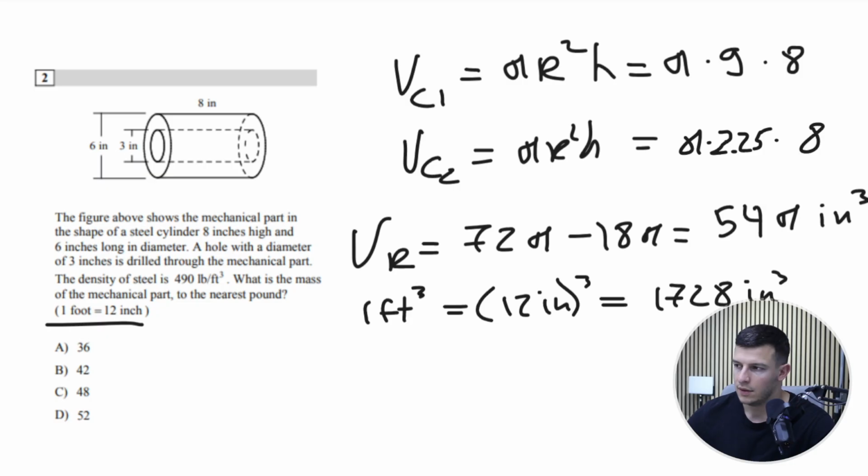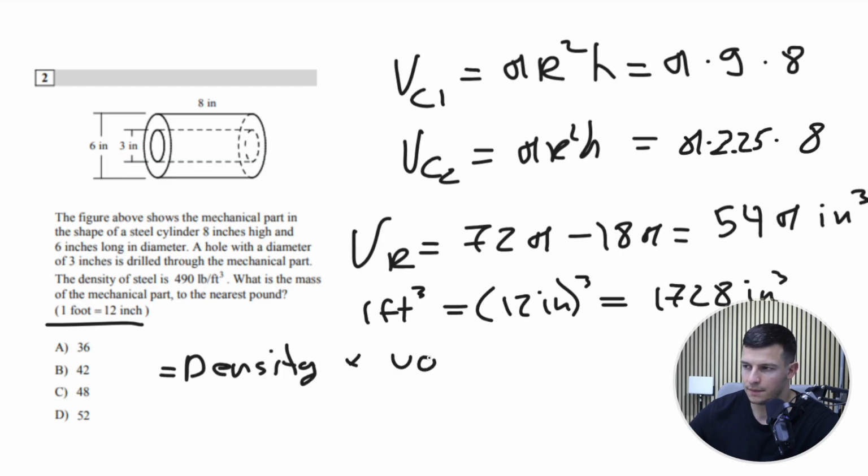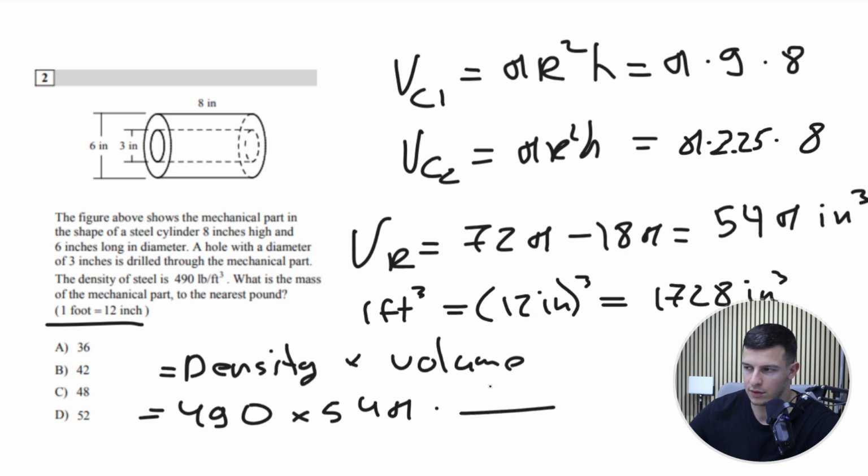Okay, now, how is that useful? To find the mass of the mechanical part, we need to find density times volume. Now, we see that density is given in the question. It's 490. And the volume is going to be 54 pi, but we did this conversion here, so times 1 over 1728.